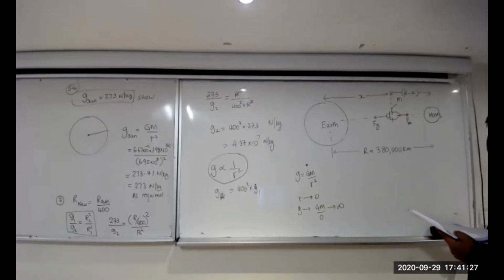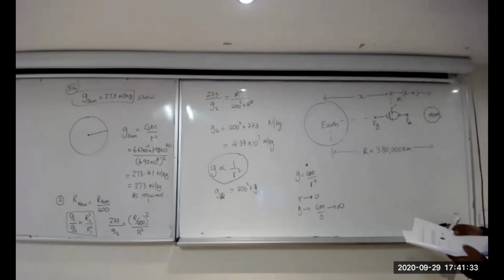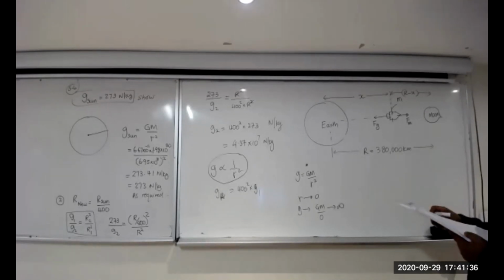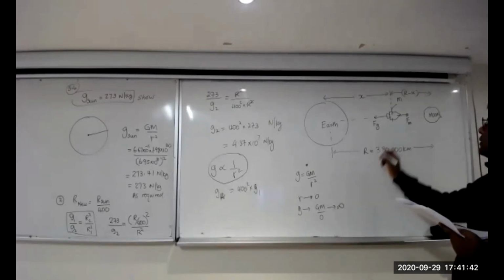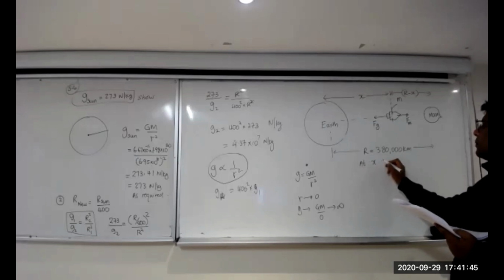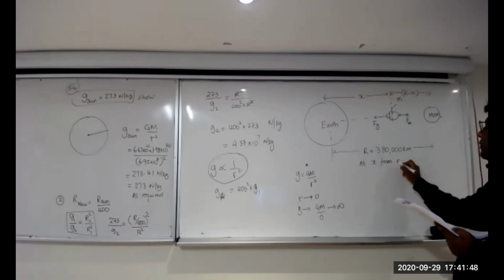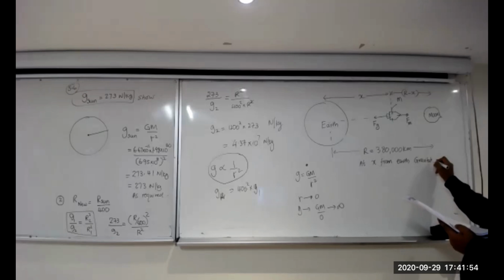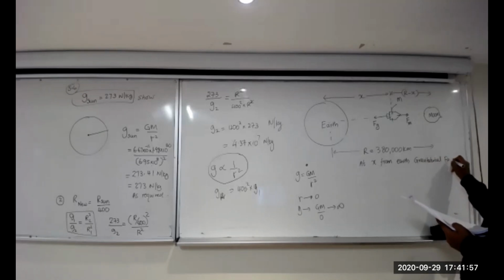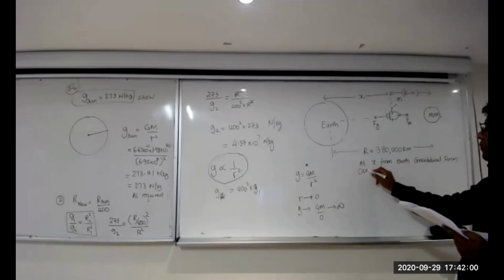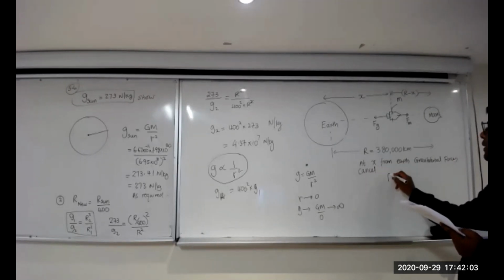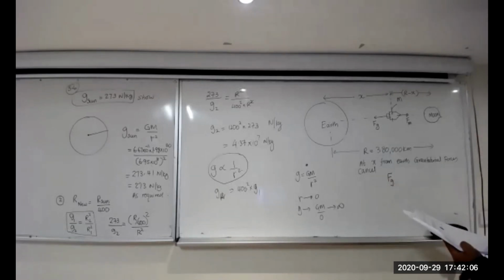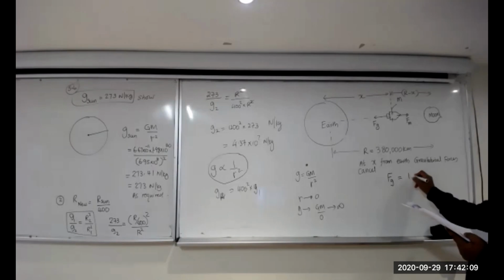Guys, if you go back to this question, when the question says the gravitational forces cancel at x from Earth, that means the gravitational force exerted by the Earth is equal and opposite to the gravitational force exerted by the Moon.